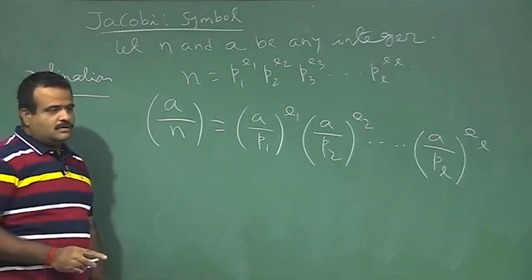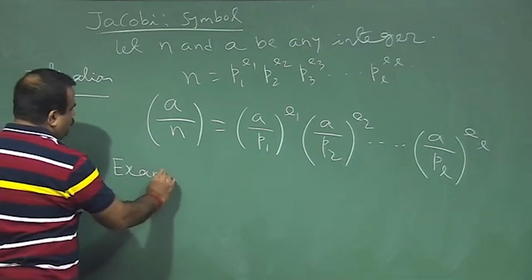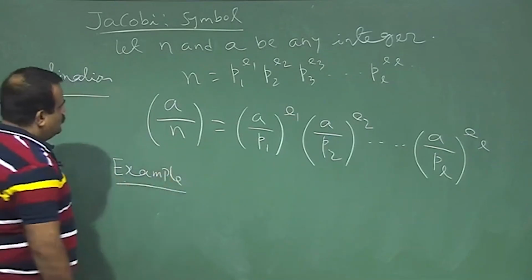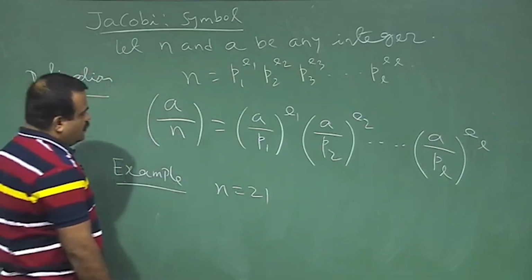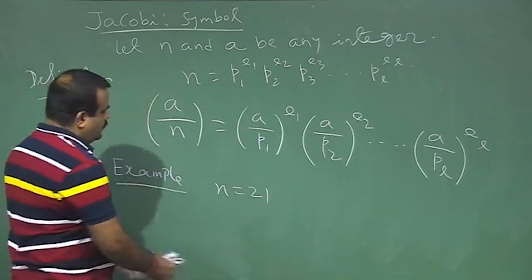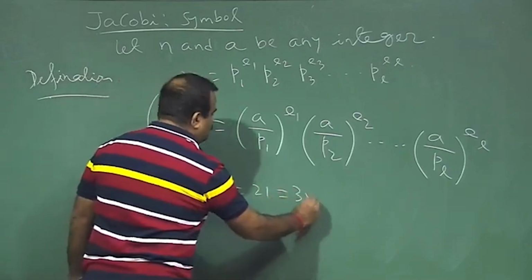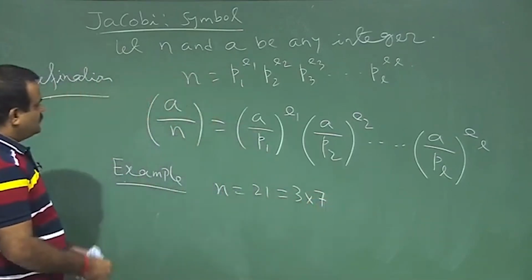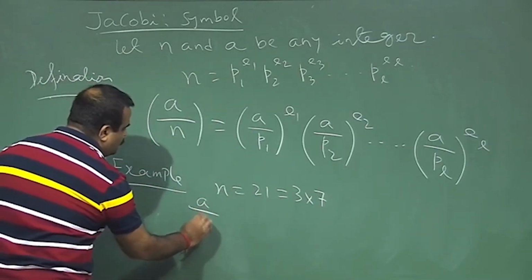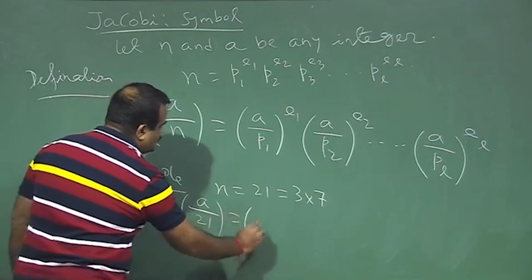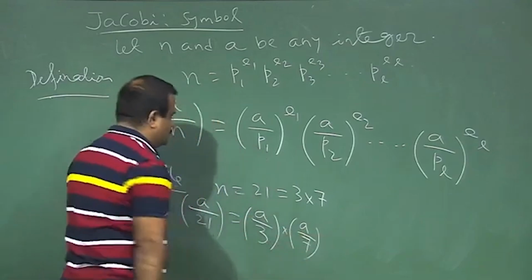For example, suppose we take n equal to 21, the simpler one. So, 3 into 7, and 3 and 7 are prime. Now a by 21 is defined as a by 3 into a by 7.